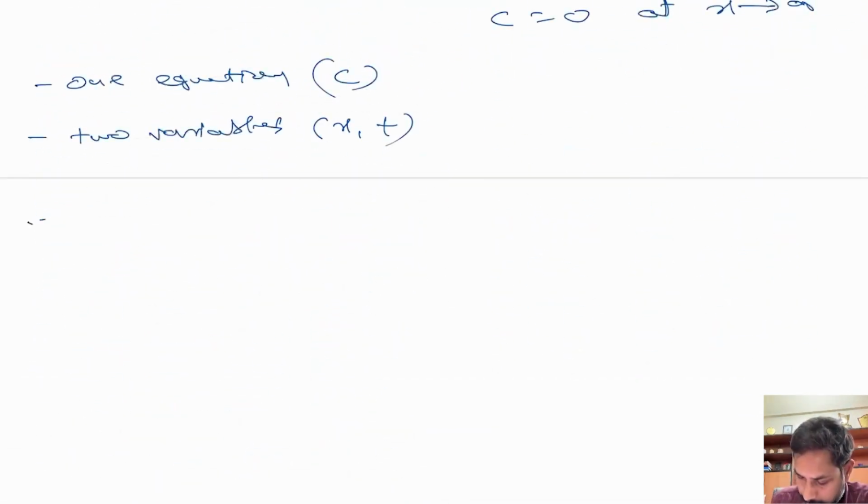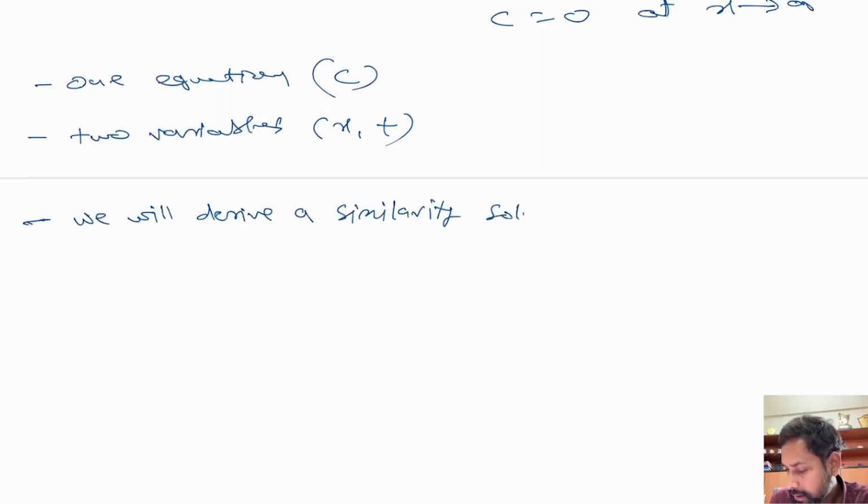Okay, so we will derive a similarity solution for the problem.